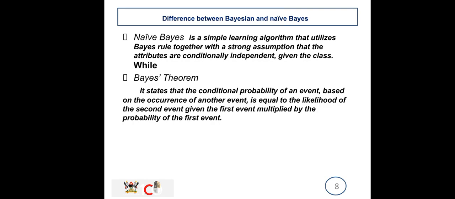The difference between Bayes and naive Bayes: naive Bayes is a simple learning algorithm that utilizes Bayes' rule, while Bayes' theorem is just the conditional probability of an event based on the occurrence of another event. So that's the simple difference.